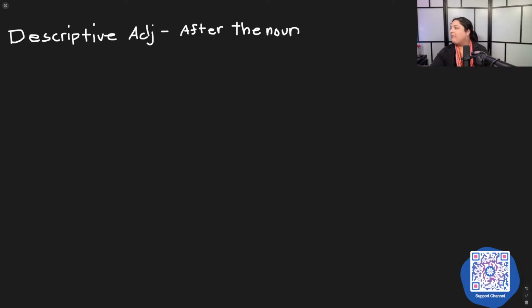Okay, so por ejemplo, for an example, if I wanted to say, we're going to go basic here, we're going to go full on basic, the red house. La casa roja.